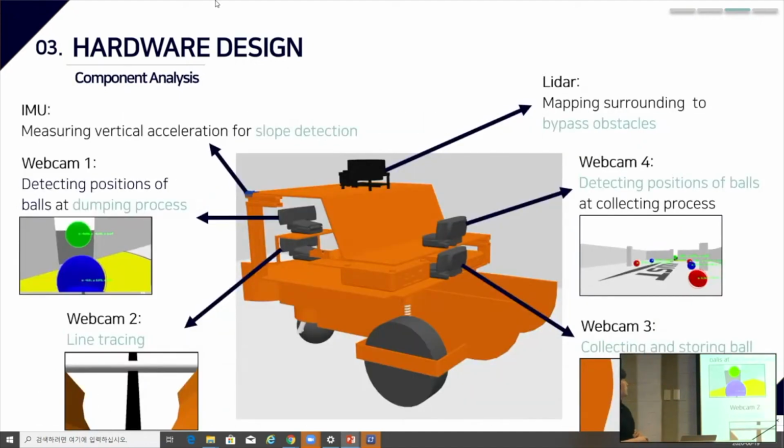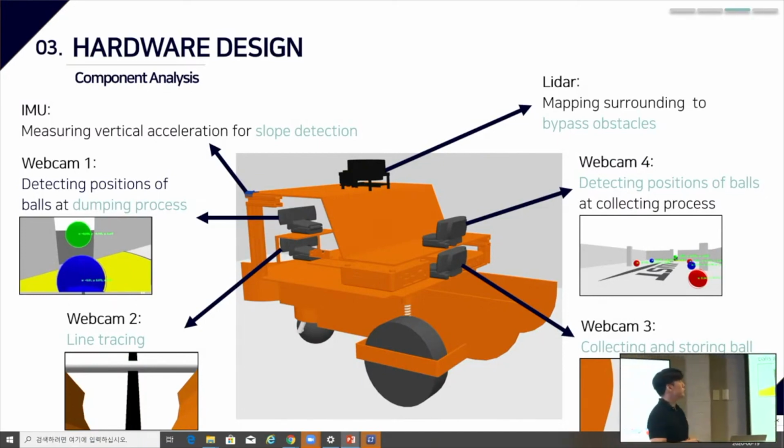We used various sensors here. First, the IMU sensor we used to measure the vertical acceleration for slope detection in the entrance zone. We used a total of 4 webcams in the project. The first webcam, placed at the backside of the robot, is used to push the balls in the goal area. The second webcam is used for line tracing.